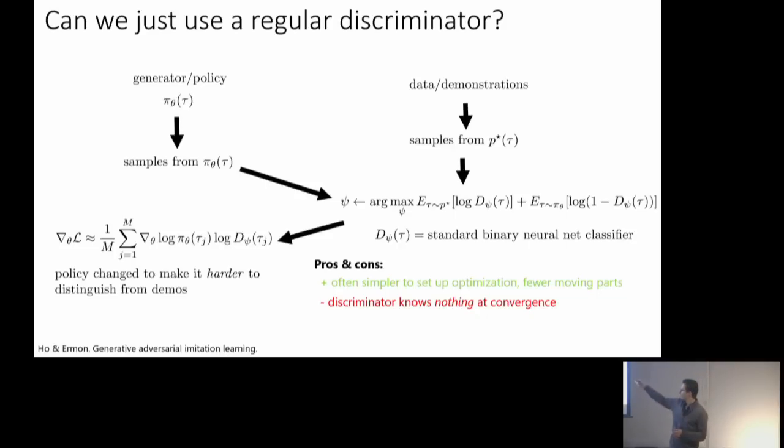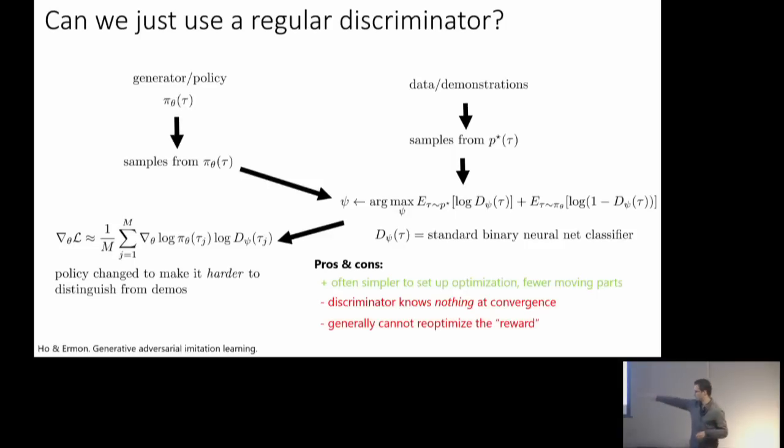So this process really relies on the interaction between the policy and the discriminator to recover the behavior. At convergence, the policy will approximate the expert's policy, but the discriminator will not provide you with an estimate of the expert's reward function. So if you want to just recover the policy, this method works very well. But if you want to recover the reward function, then you have to use the special form of the discriminator that I showed previously.